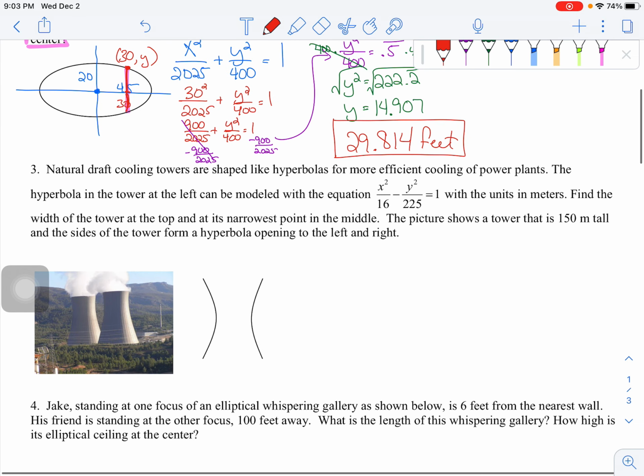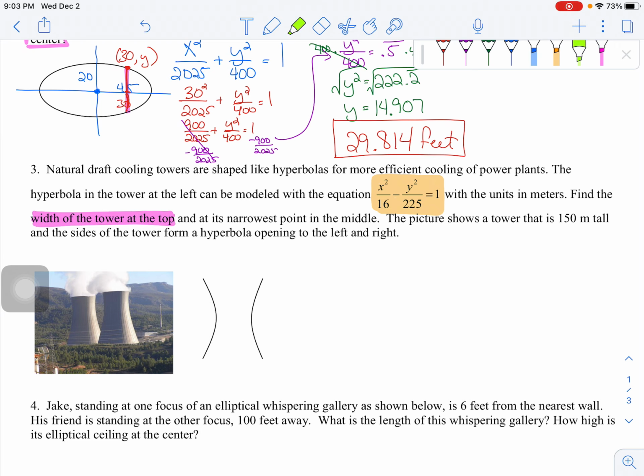All right, so problem number 3, hyperbolas. Okay, natural draft cooling towers are shaped like hyperbolas for more efficient cooling of power plants. The hyperbola in the tower at the left can be modeled by this equation, okay, where your units are in meters. Find the width of the tower at the top.